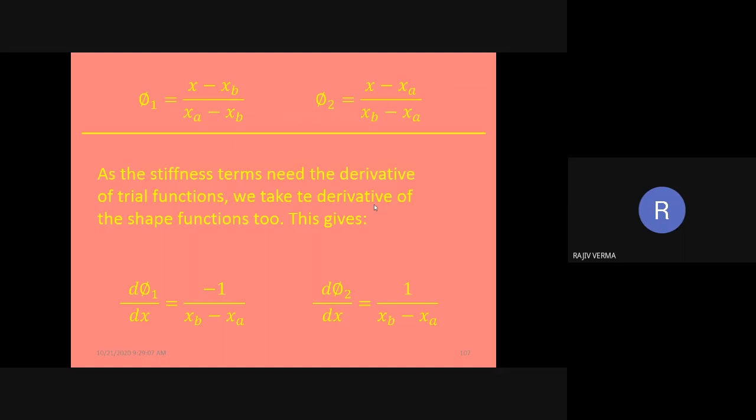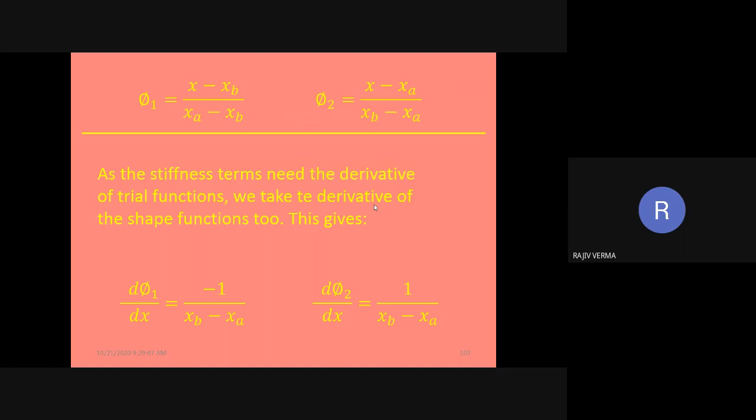Now in both the expressions of the derivatives, you have a term such as xb minus xa in the denominator. And obviously xb minus xa represents the length of the element, or in this particular case, the length of the domain itself, which let's say is capital L. So in the denominator of both the expressions, we have a term representing the length of the element, which obviously means that the derivative of the shape function is a constant quantity.